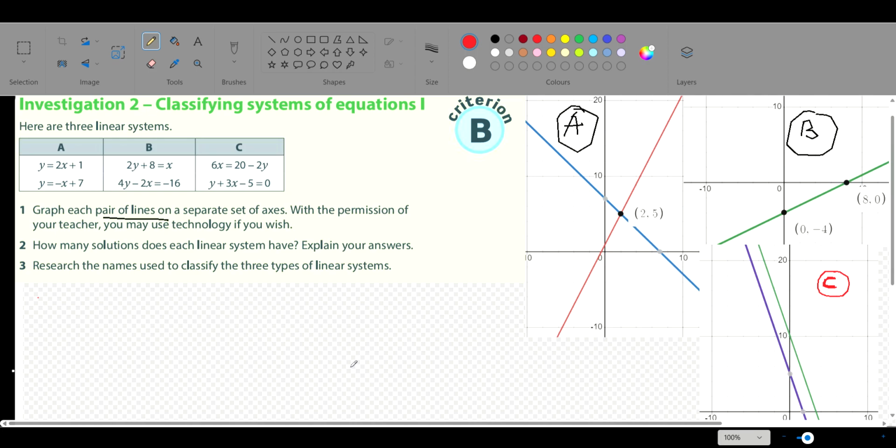Take this question down and do R&D from your end: what do we call two lines when they intersect at one point, coincident lines, and parallel lines? Intersecting lines. Okay.